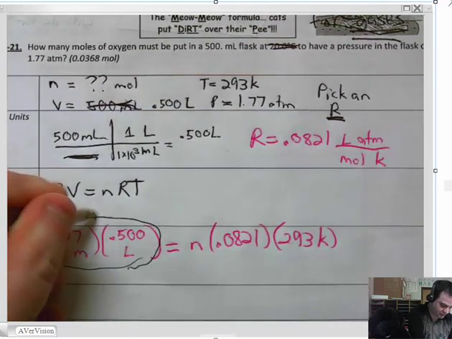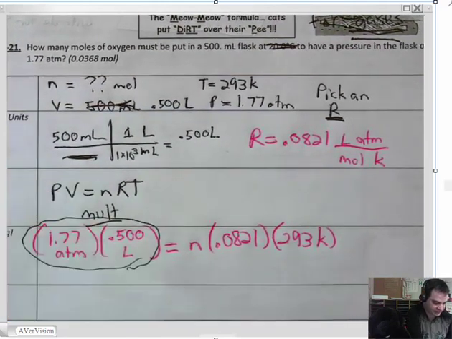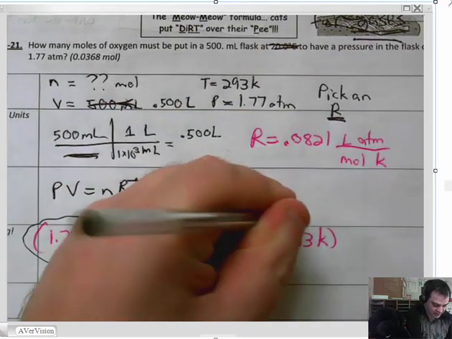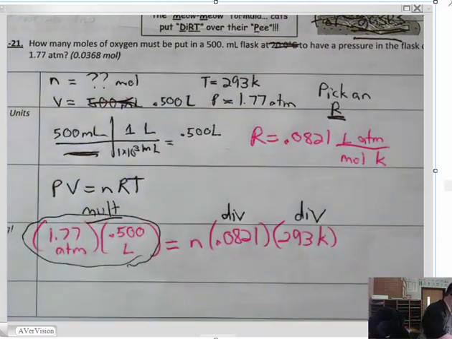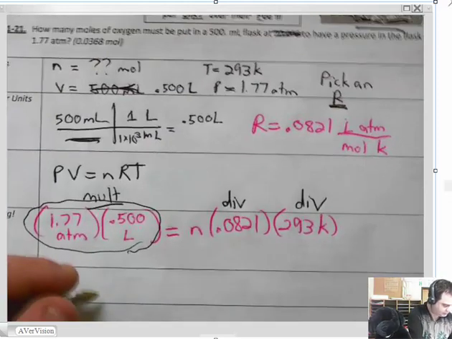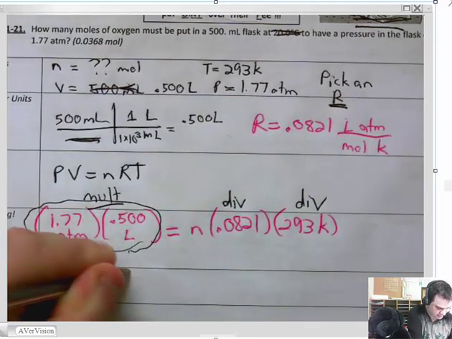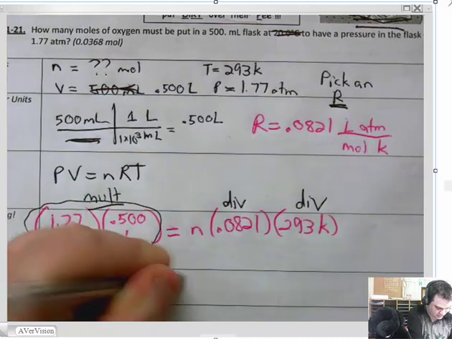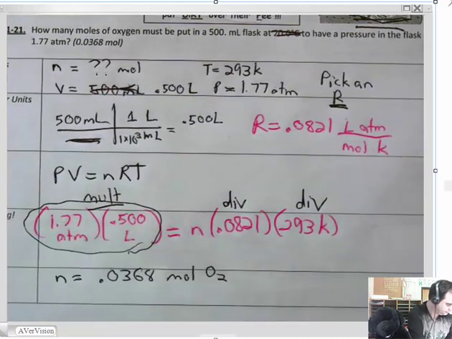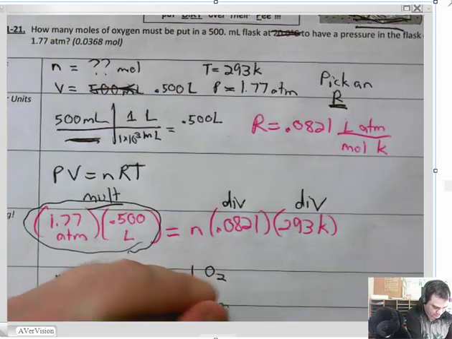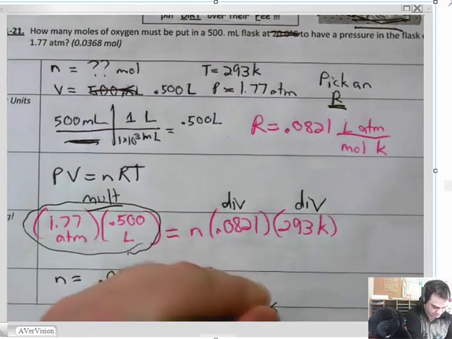I'm going to multiply these two numbers, then divide by this number and by that number. And I get n equal to 0.0368 moles of oxygen, using the ideal gas law.